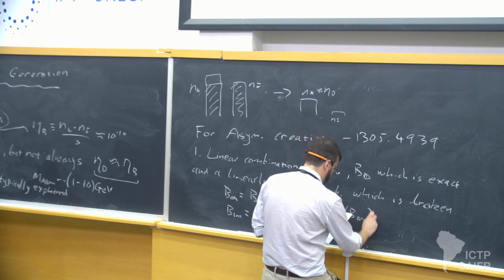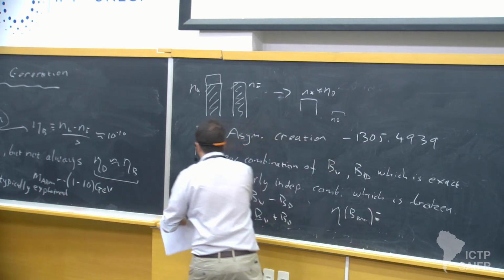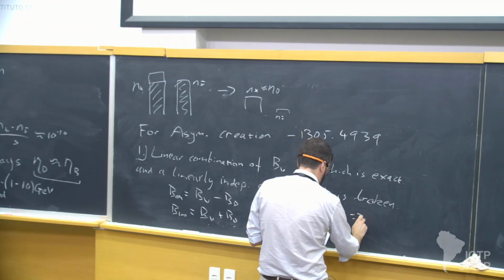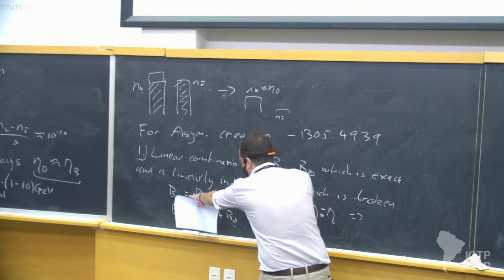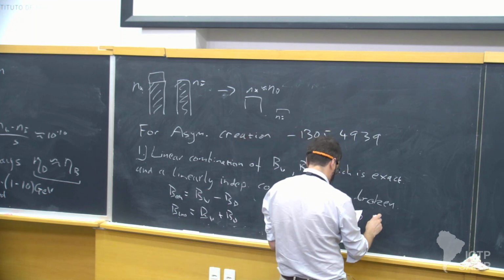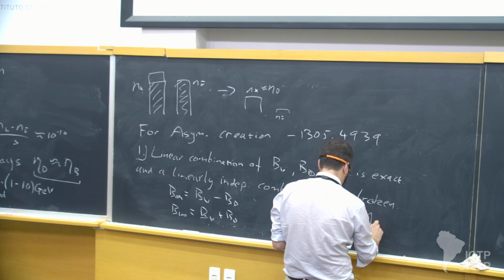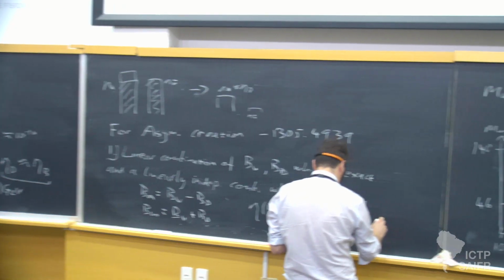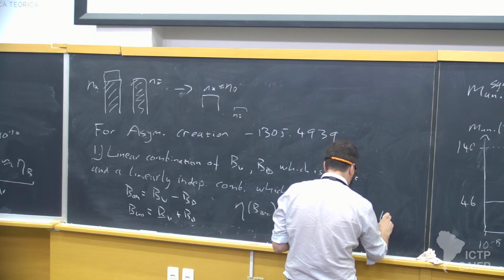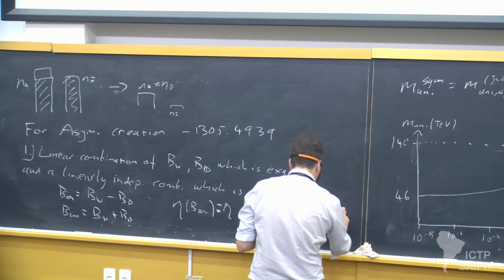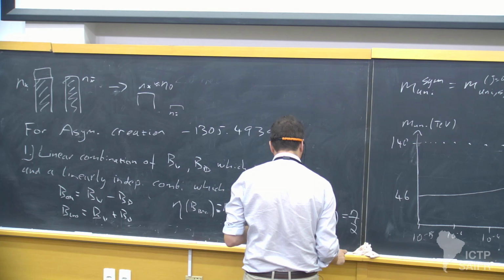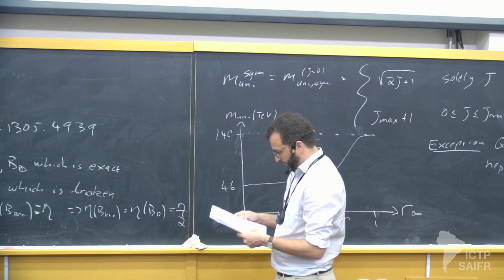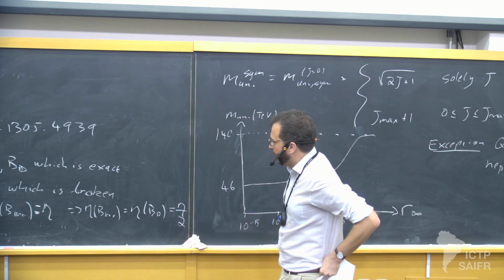We'll define, in this example, eta broken as eta, which will give us immediately, from the first one being conserved, that eta of B broken equals eta of B dark equals eta over 2. Now, what does this imply for our dark matter mass?